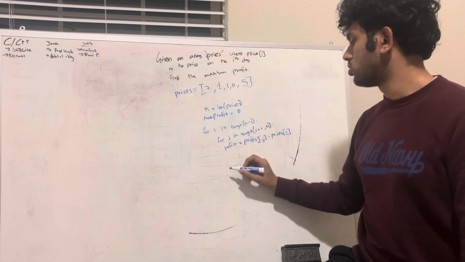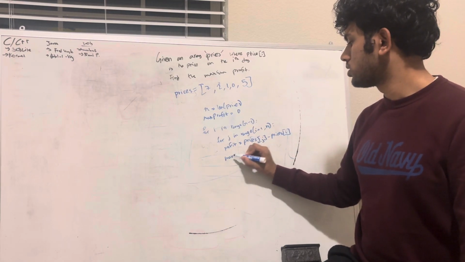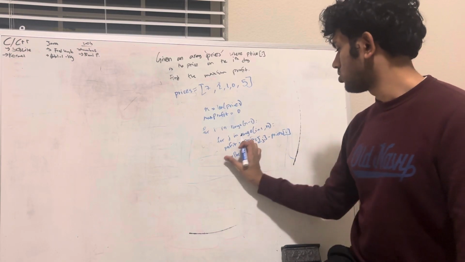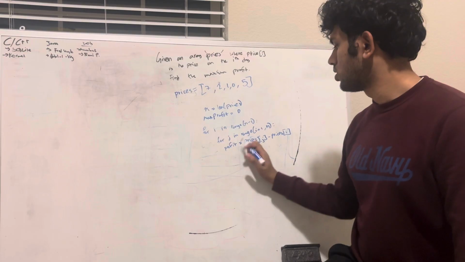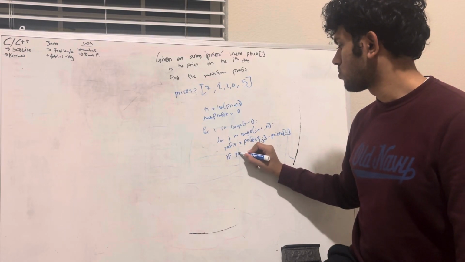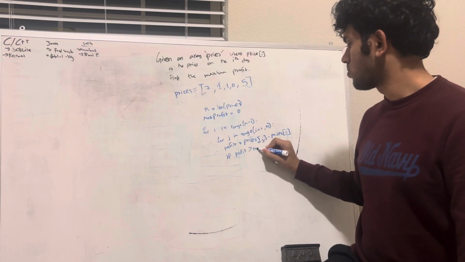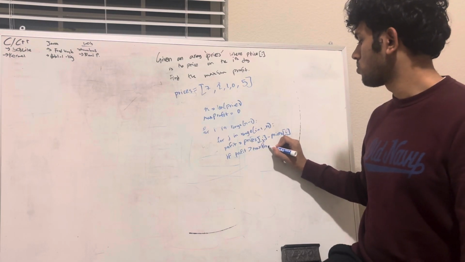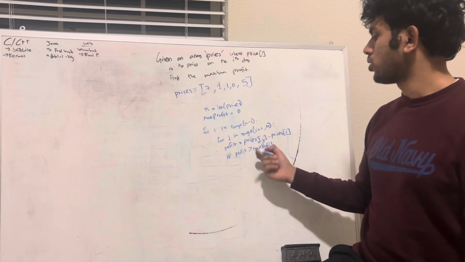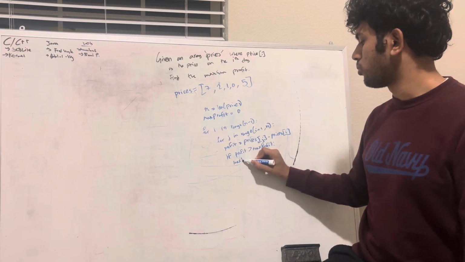Now that's the profit, and we have to check if the profit is actually the maximum profit. If the profit is greater than the maximum profit, then this will be the new maximum profit.